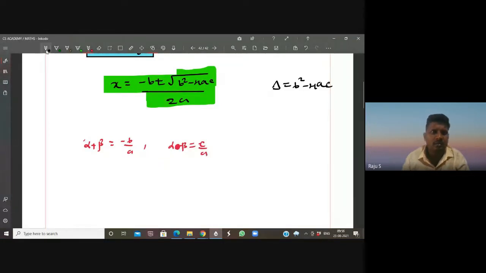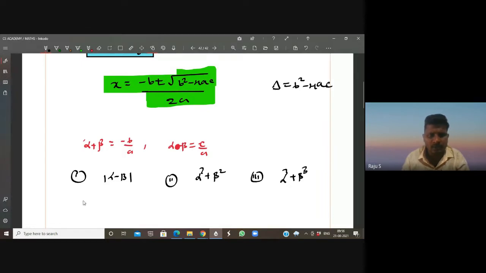Then there are many important points. What is alpha minus beta? It may be a modulus. The second point is alpha square plus beta square, and the third is alpha cube plus beta cube, like that.